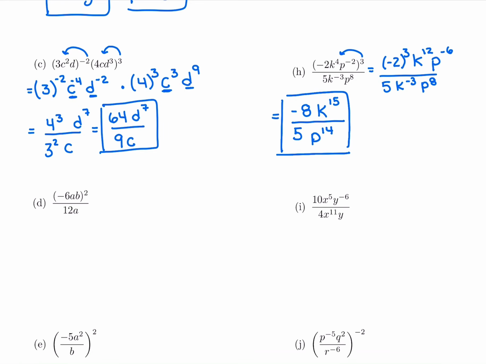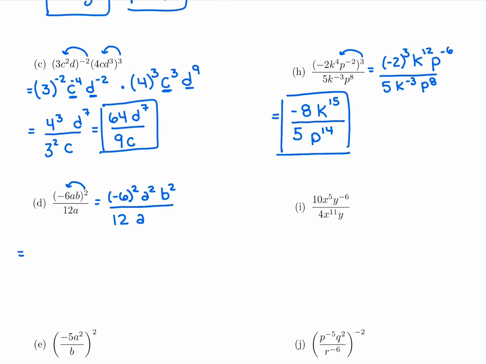Moving down, I have another power to distribute to just the numerator. I'm going to do negative 6 squared. A to the first raised to the second is going to be 1 times 2 is 2. Same thing, b to the 2 as well, over 12a.